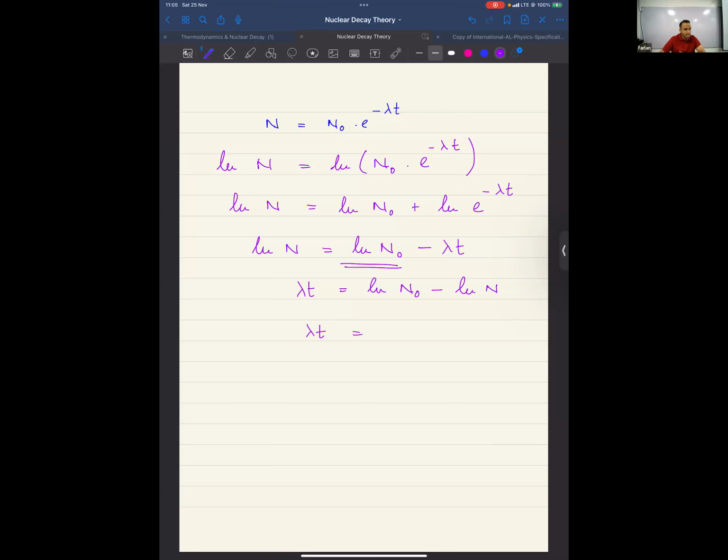I can write this as ln n naught divided by n. So this is another one: ln n naught over n equals lambda t. Take it down.